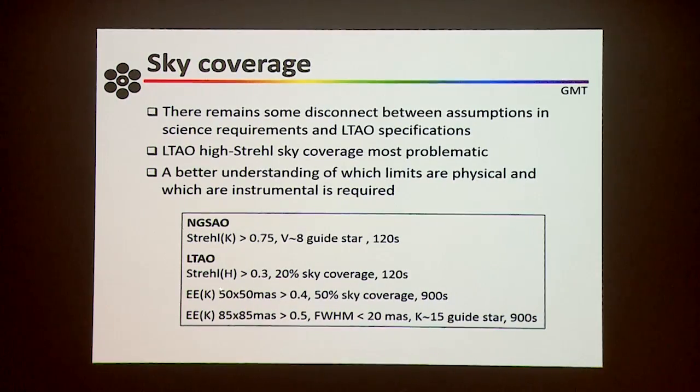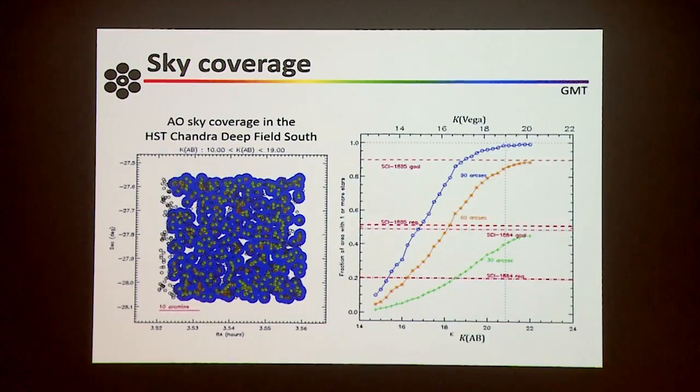With the encircled energy in the K band in 50 milliarcsecond pixels bigger than 0.4, we want to achieve at least 50% sky coverage. And with 85 milliarcsecond pixels, we want the encircled energy greater than 0.5, full width half maximum less than 20 milliarcseconds for a K of 15 guide star. And so this is a complicated parameter space that we need to negotiate.